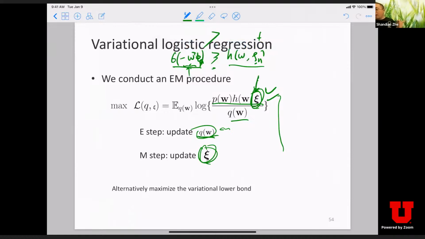Ideally, if you can introduce a large enough number of ξ values, you are able to make the lower bound equal to the original function. But this is too costly. I cannot introduce a different ξ for every possible W. I can only introduce one ξ value for every data point n, which is definitely not enough to ensure equality in all cases. That's why, in practice, in variational inference, to trade off for efficiency, we have to sacrifice some accuracy.